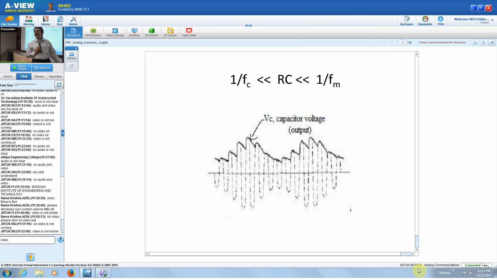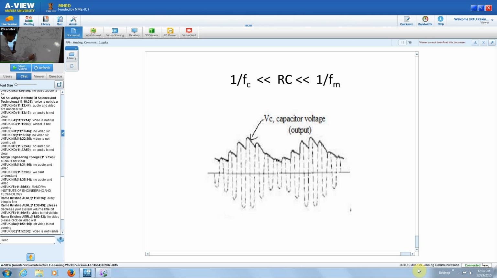What are the constraints on this circuit? R and C. We have a time constant R into C, right? So how much R and C you have to put? We said that the source resistance we want as minimum as possible so that it charges fast.